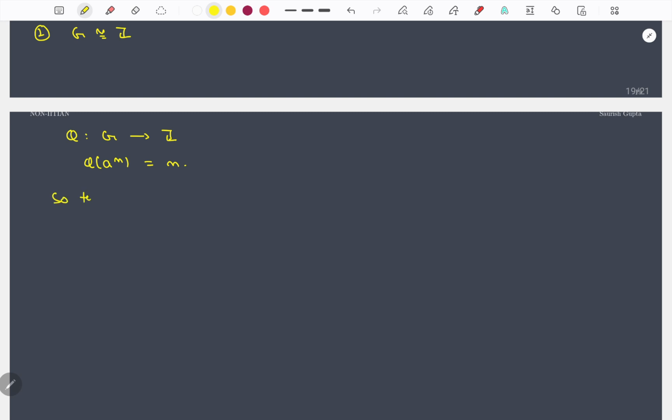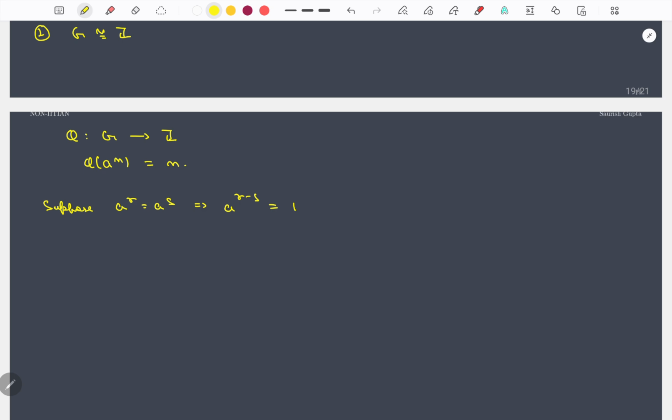So then is phi well defined? It's quite easy, right? If a to the power r is equal to a to the power s, what does that mean? The exercise which I was trying to give is the following. Suppose a to the power r is equal to a to the power s. That implies a to the power r minus s is equal to 1, right? So what can we conclude from here?